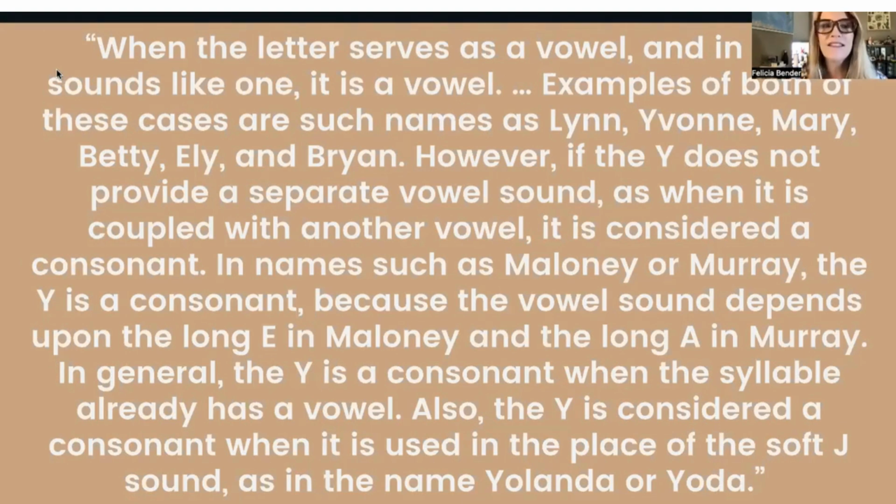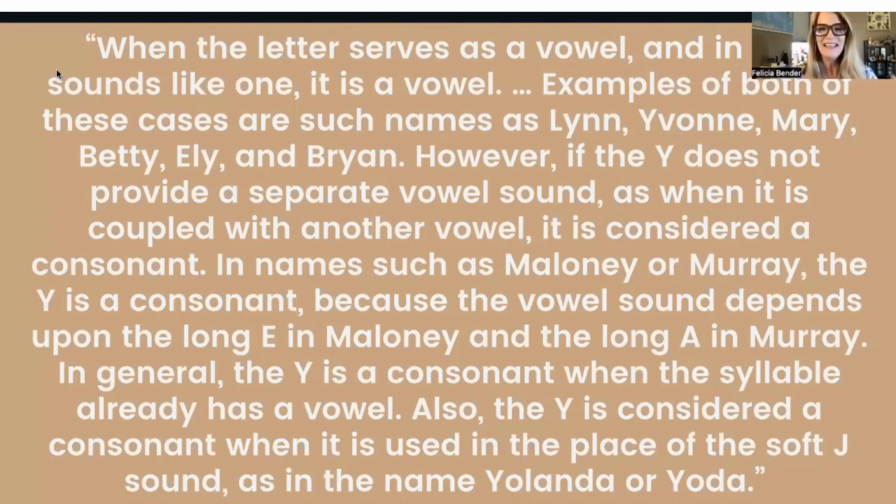However, if the Y does not provide a separate vowel sound, as when it is coupled with another vowel, it's considered a consonant. In names such as Maloney or Murray, the Y is a consonant because the vowel sound depends upon the long E in Maloney and the long A in Murray.